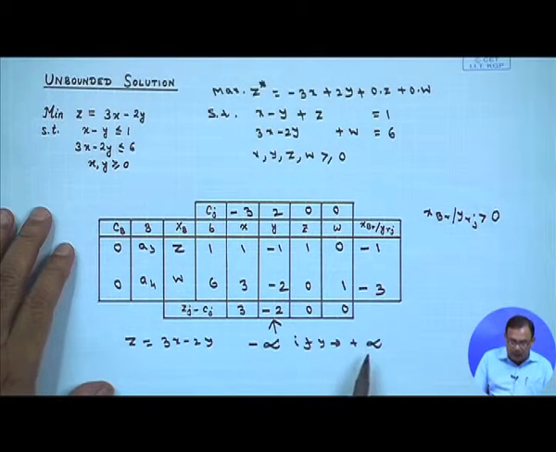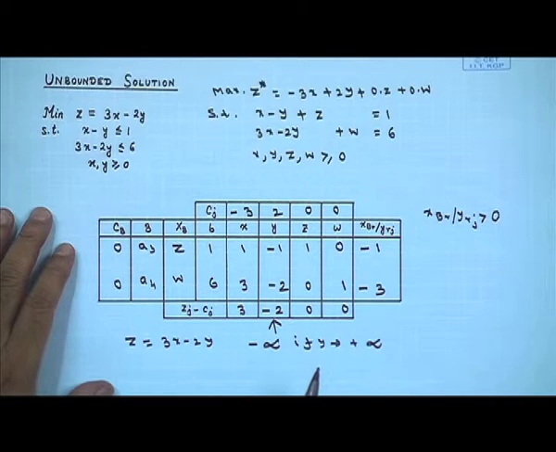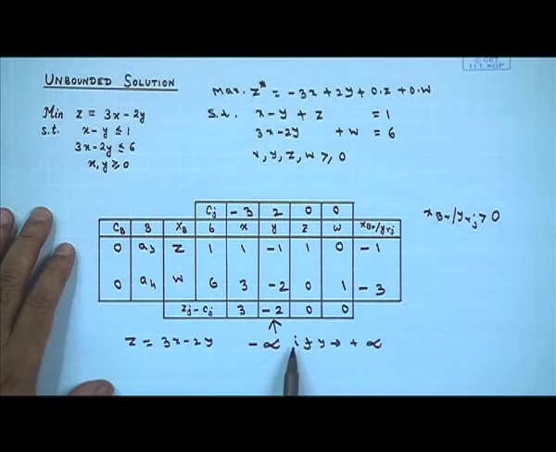As you increase the value of y, the value of the objective function will keep decreasing. So there is no minimum value, and therefore for this case the solution is unbounded.